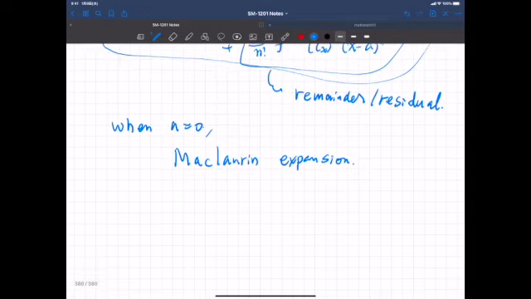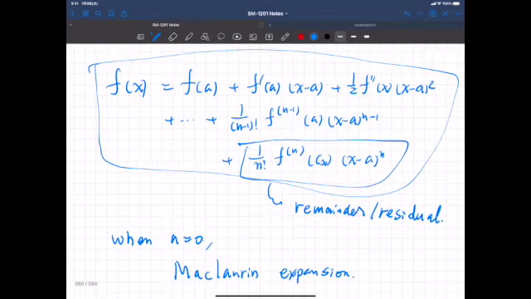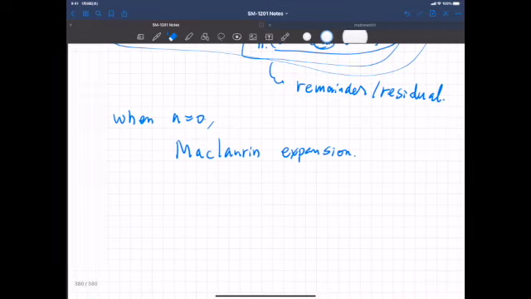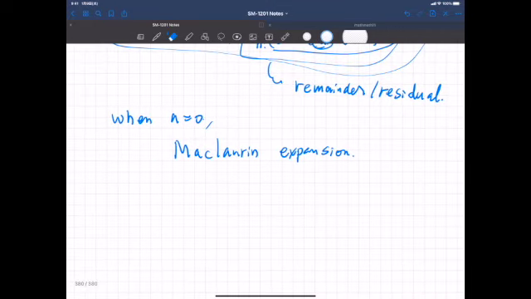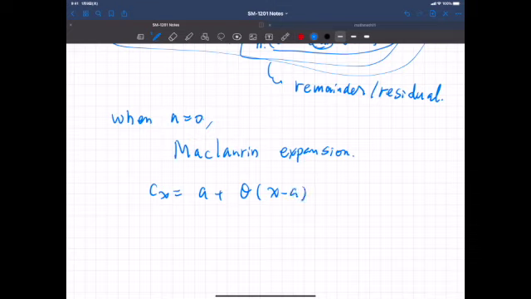And also we could have written this one. Instead of Cx, we could have written something like: Cx could be written as a plus theta times x minus a, where theta is between 0 and 1, maybe inclusive.